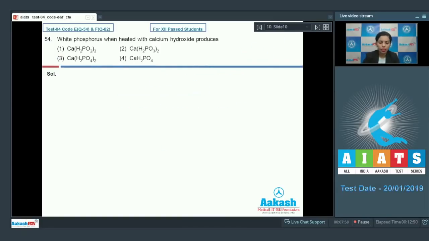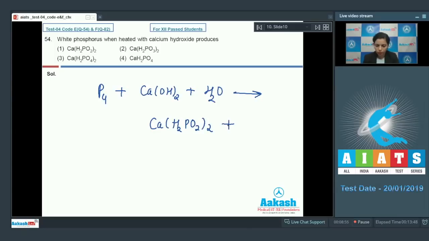After that, question number 54. White phosphorus, when heated with calcium hydroxide, produces. What you are going to do here? You're just going to heat this white phosphorus with calcium hydroxide. The solution is there, and during that there is a disproportionation reaction that's taking place, and during that reaction there's the formation of compounds, so it would be the balanced chemical reaction.